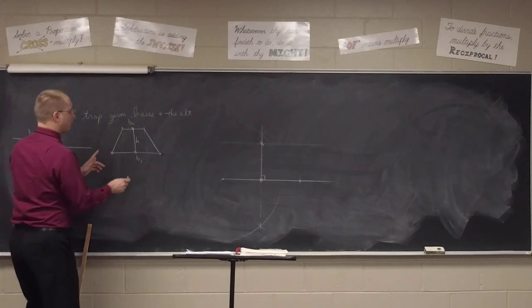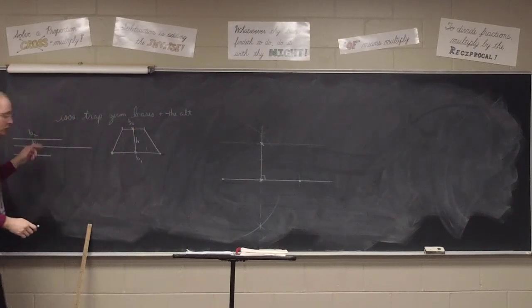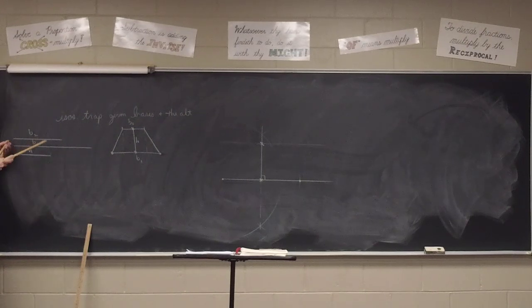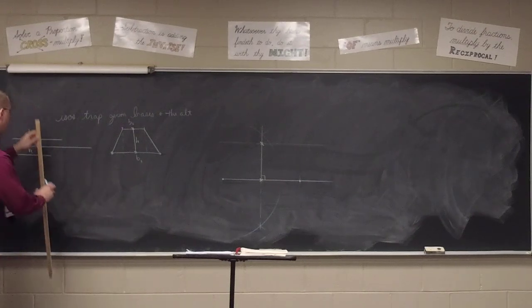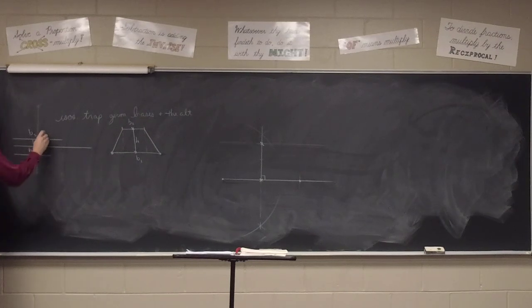But where? Well, realize this point is the midpoint of this base, so we just need halves. So if we come over here to our given line, and we were to construct the perpendicular bisector of base 2, that would give us the opportunity to copy half of base 2 off on either side. We just need to get those halves. And so here is half of base 2 from here to here.